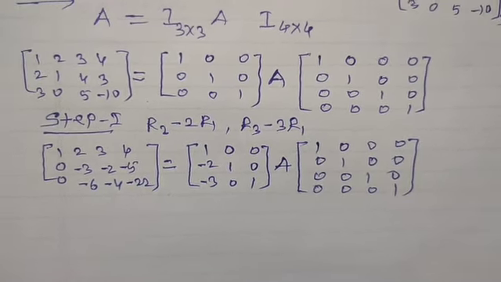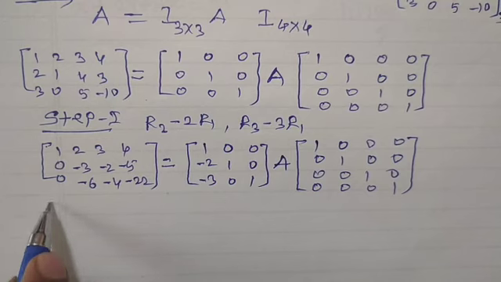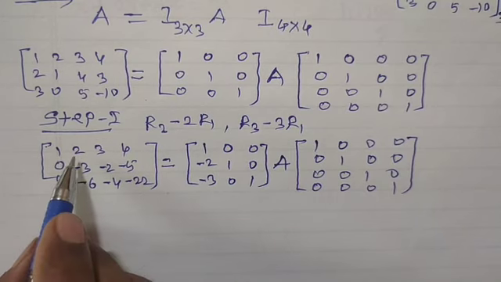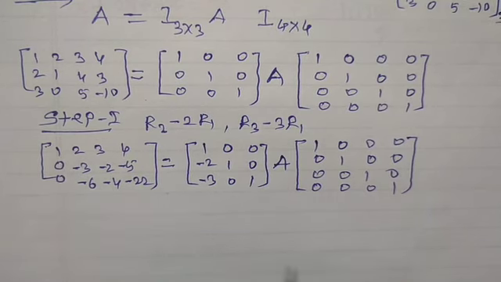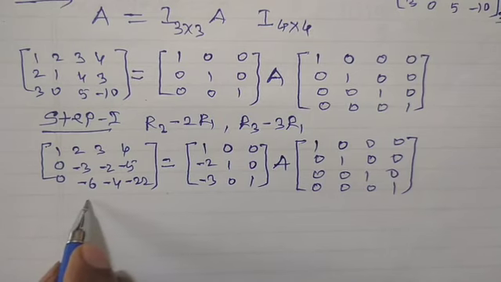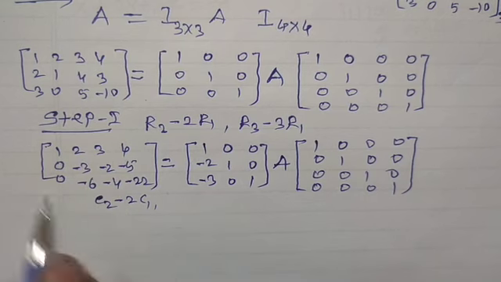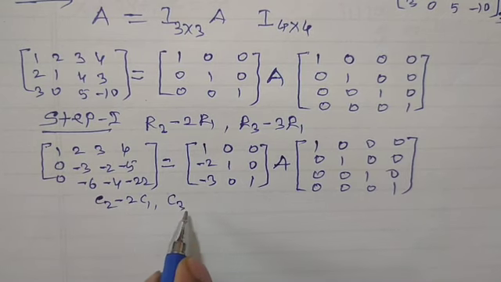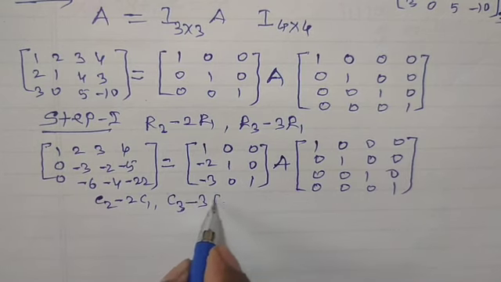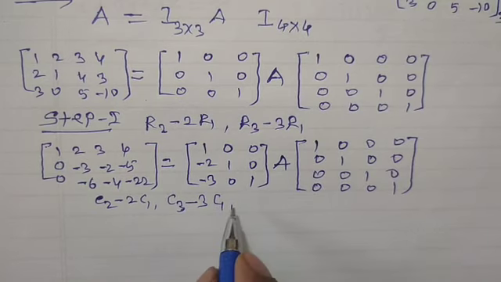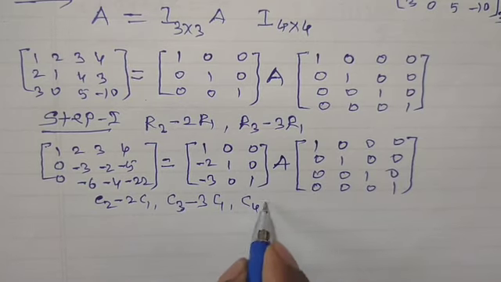So applying this column transformation, we will get now C2 minus 2 times C1, then C3 minus 3 times C1, and C4 minus 4 times C1.